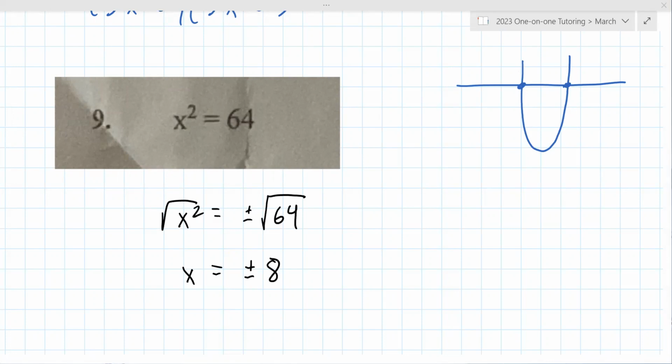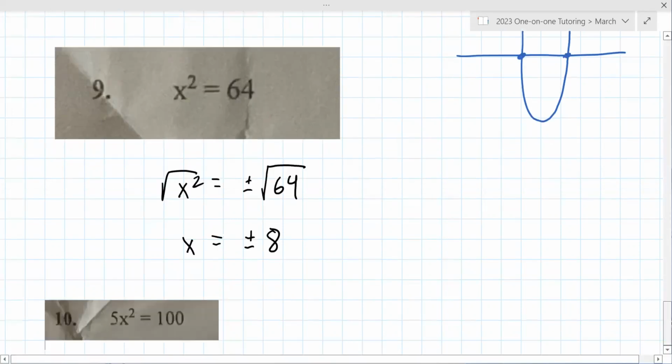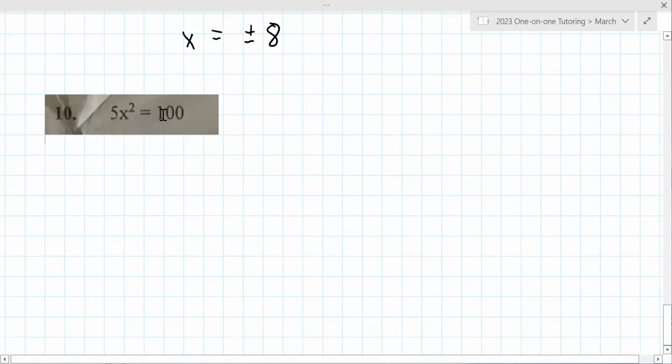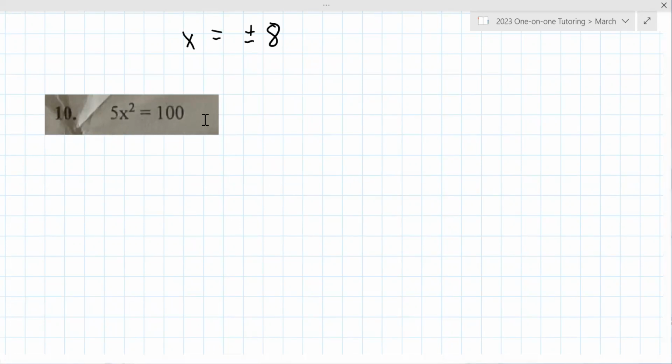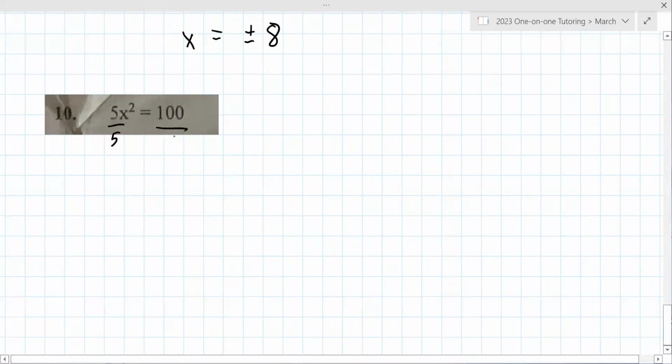Now 10 is very similar, but it's not exactly the same. So you have to isolate the x squared. So you're going to divide by 5 on both sides here.